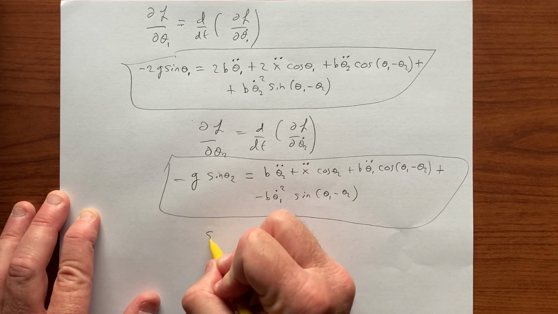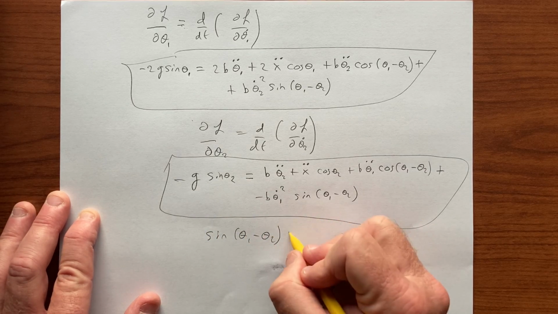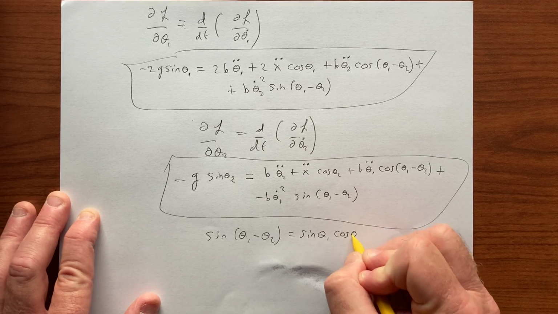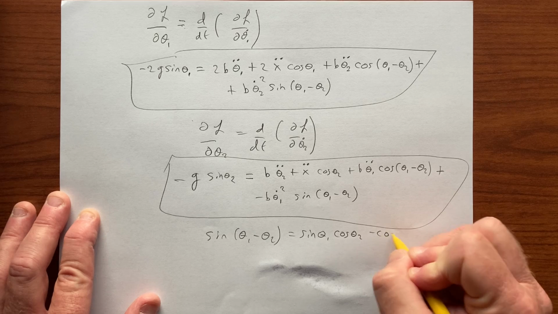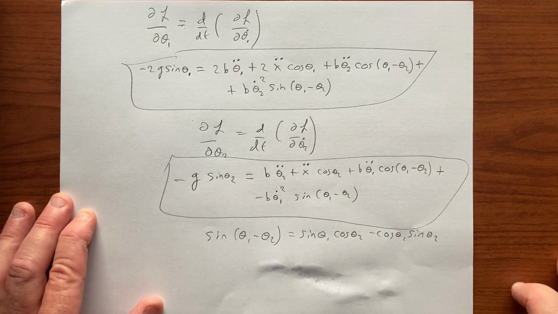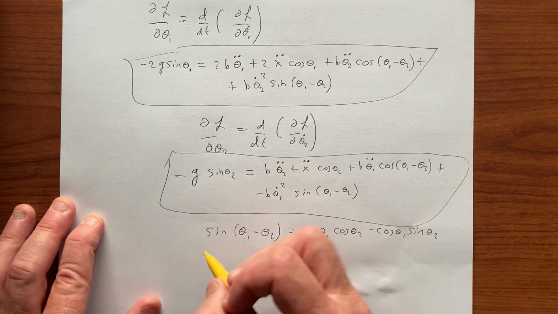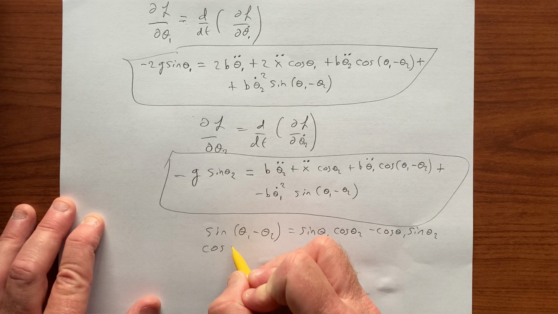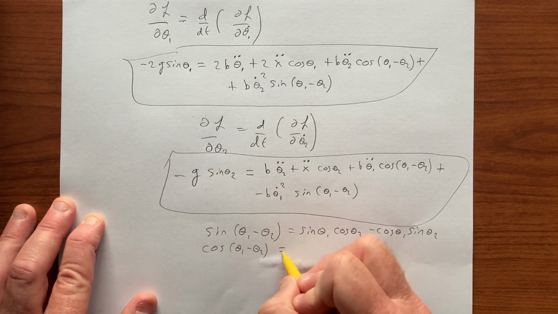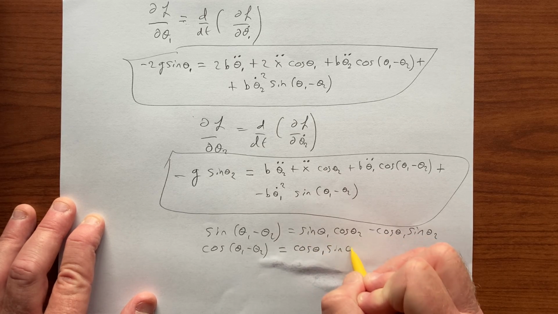We just use the sine of theta 1 minus theta 2 equals sine theta 1 cosine theta 2 minus cosine theta 1 sine theta 2. Got the paper all wet, so I dropped some water, but let's try to write the other relation that we use, the cosine of the difference in angles, which comes from cosine theta 1 cosine theta 2 and sine theta 1 sine theta 2.